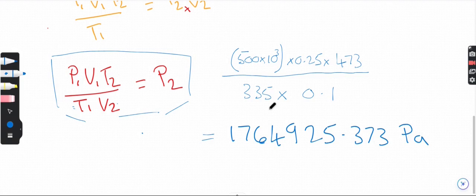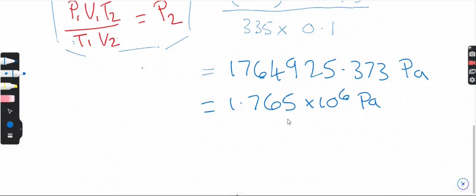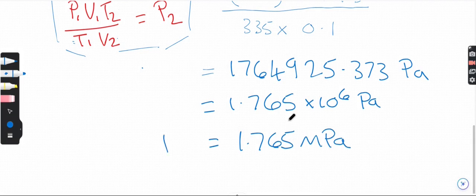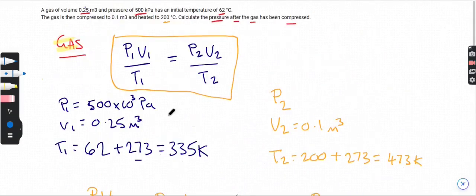If you want to move this decimal place to get it into engineering notation, 1, 2, 3, 4, 5, 6, that's 1.765 times 10 to the 6 Pascal, or 1.765 megapascal. And that is P2.